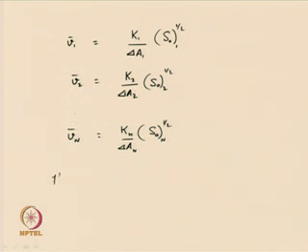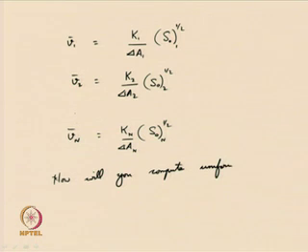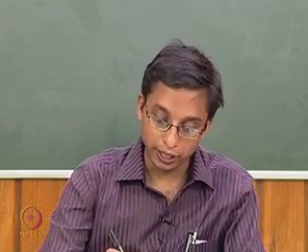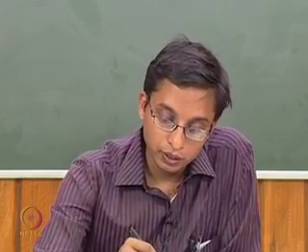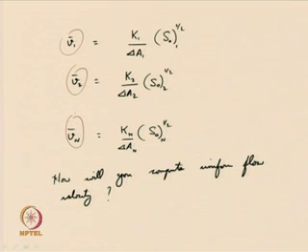So, how will you compute the uniform flow velocity now? You now have the uniform flow velocities in each of the sub areas.